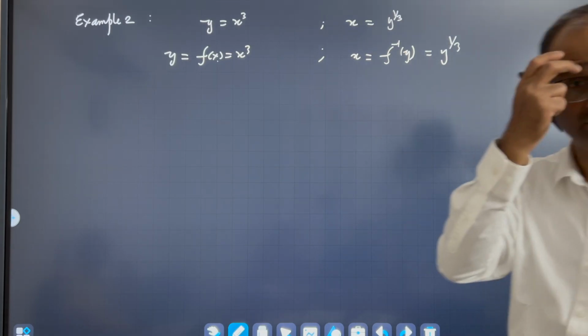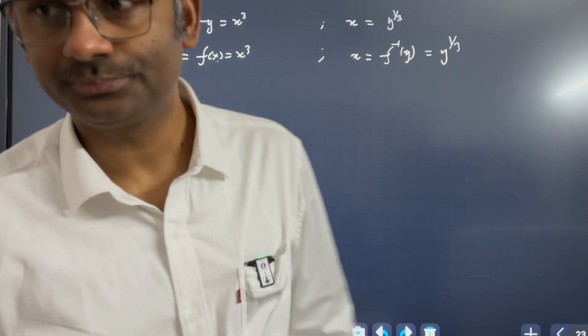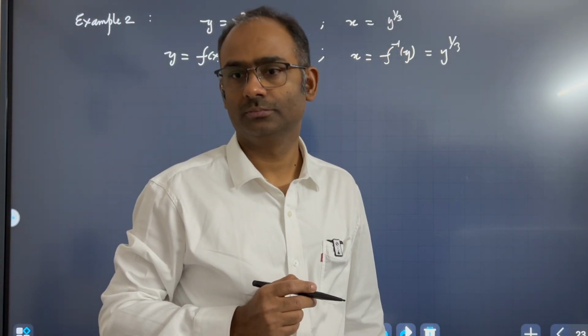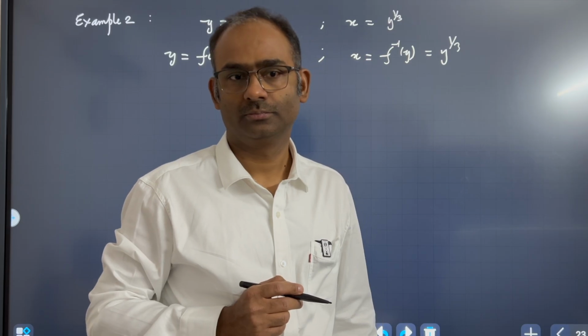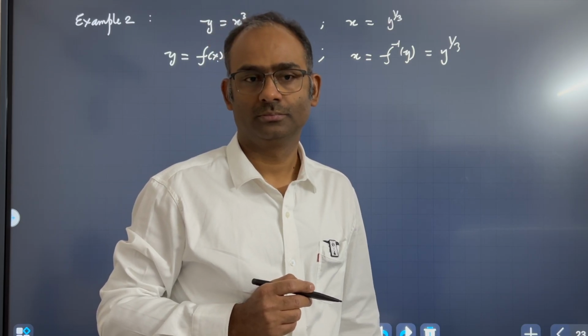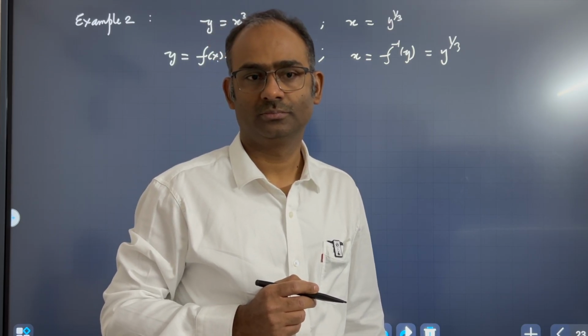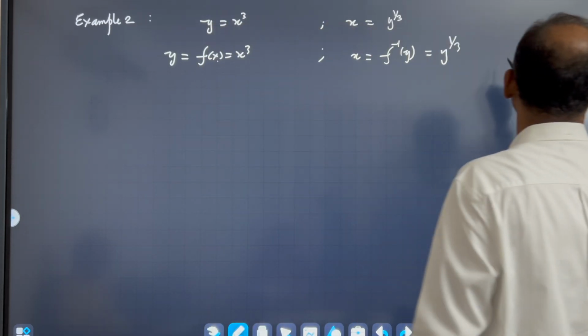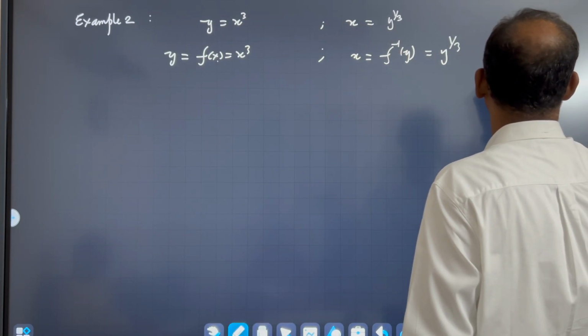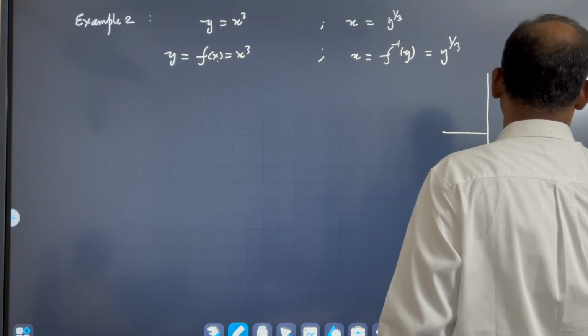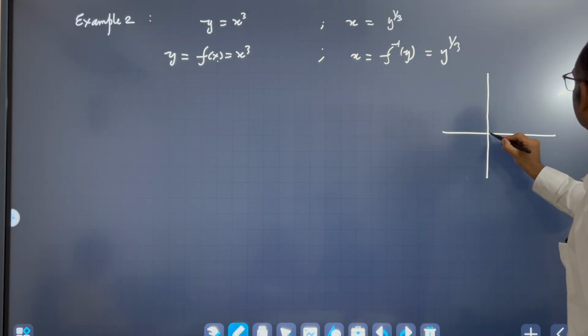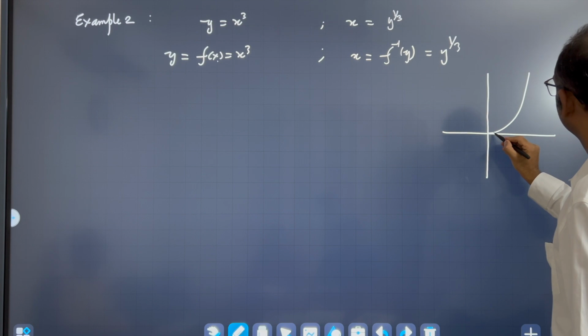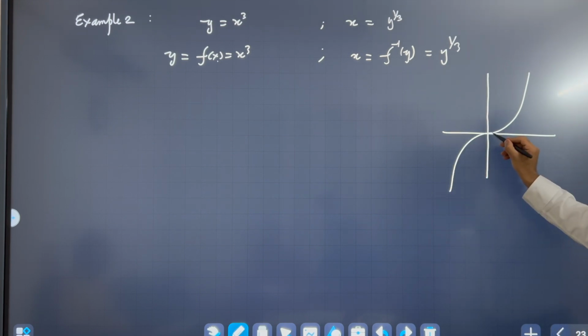Can you draw the graph of it? Good, that's correct. So the graph looks like this. Slope here is 0.